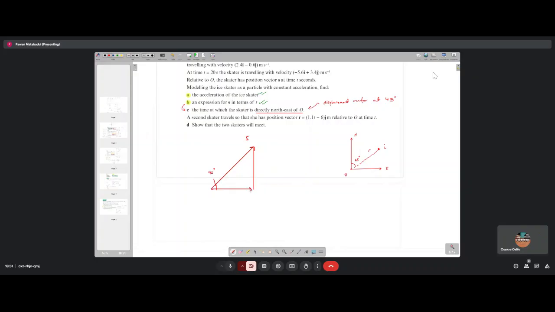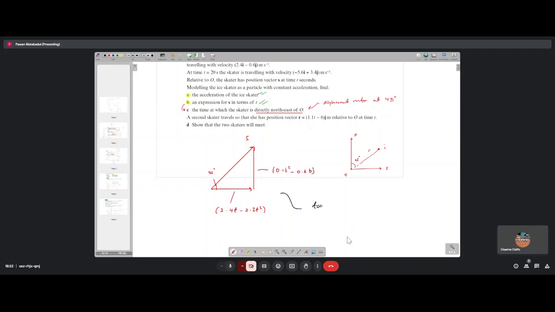So the horizontal component for the displacement vector was 2.4 t minus 0.2 t squared, right? And then this component was 0.1 t squared minus 0.6 t, right? Now, because this is 45 degrees, it has to be 45 degrees.